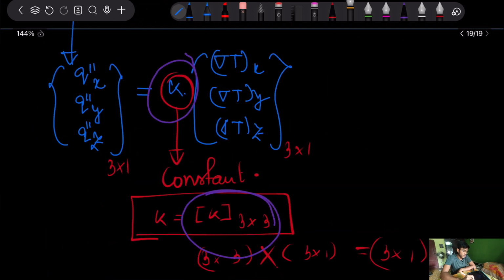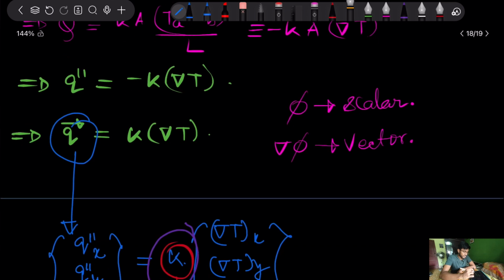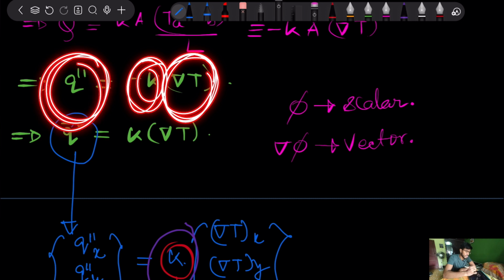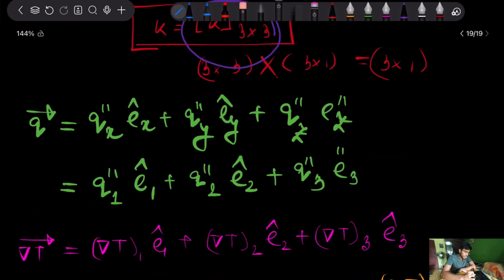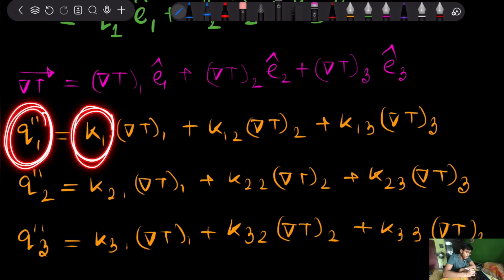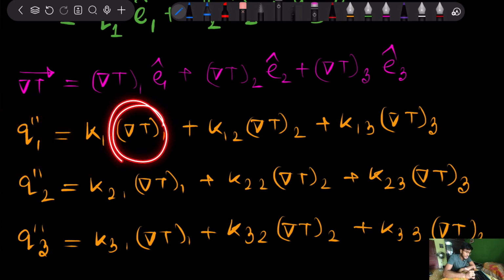So this K was only a constant of proportionality between the temperature gradient and the heat flux component. These are nothing but those constants. This constant correlates my Q1 double prime and del T1.